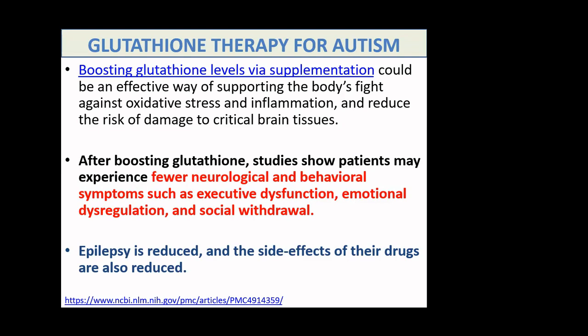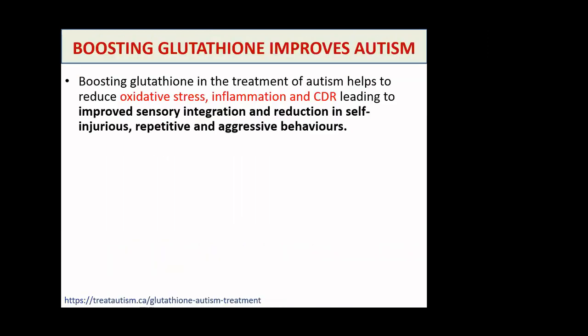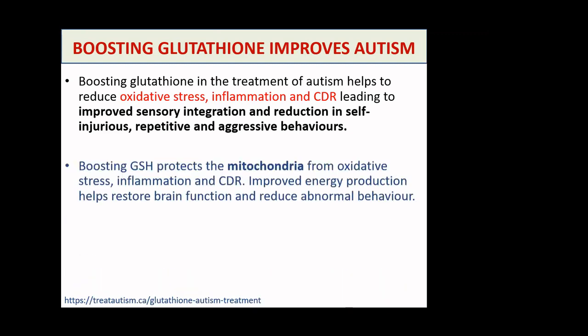Epilepsy is reduced, and the side effects of the drugs are also reduced. So boosting glutathione in the treatment of autism helps to reduce oxidative stress, inflammation, and the cell danger response, leading to improved sensory integration and reduction in self-injurious, repetitive, and aggressive behaviors.